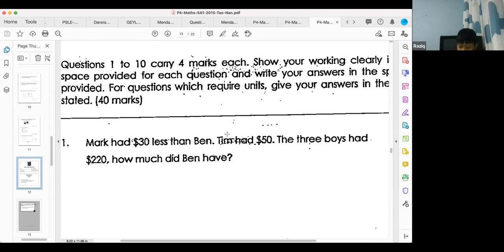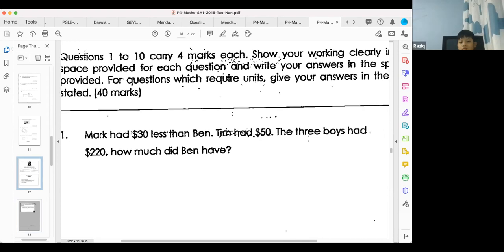You okay? Okay, withdraw lah, withdraw. You need help not?